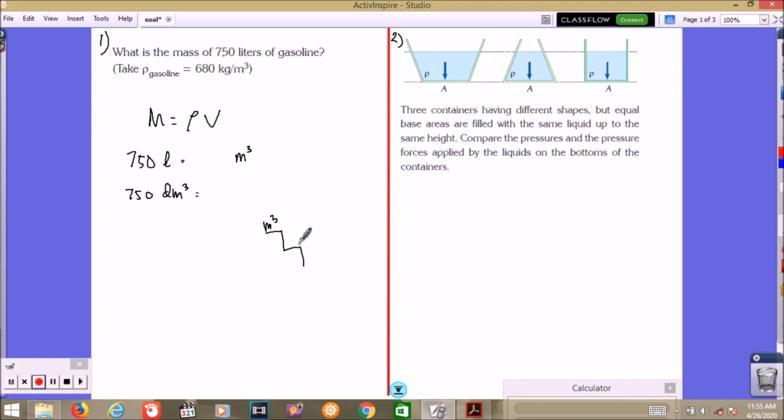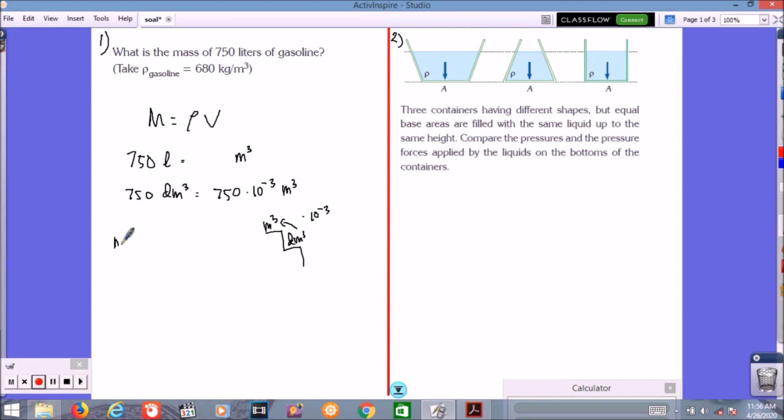Here meter cubed, here decimeter cubed. This one moves up one step, which means divided by 1000 or times 10 to the power minus 3. So here it becomes 750 times 10 to the power minus 3 meter cubed.